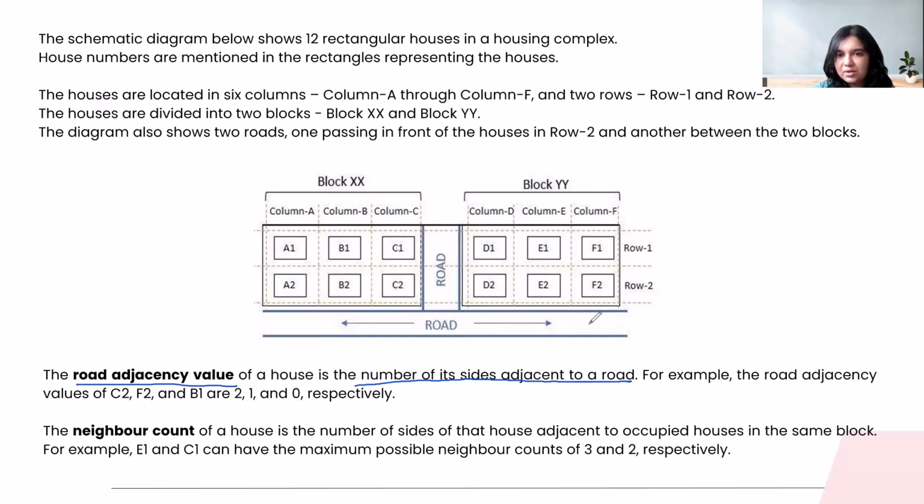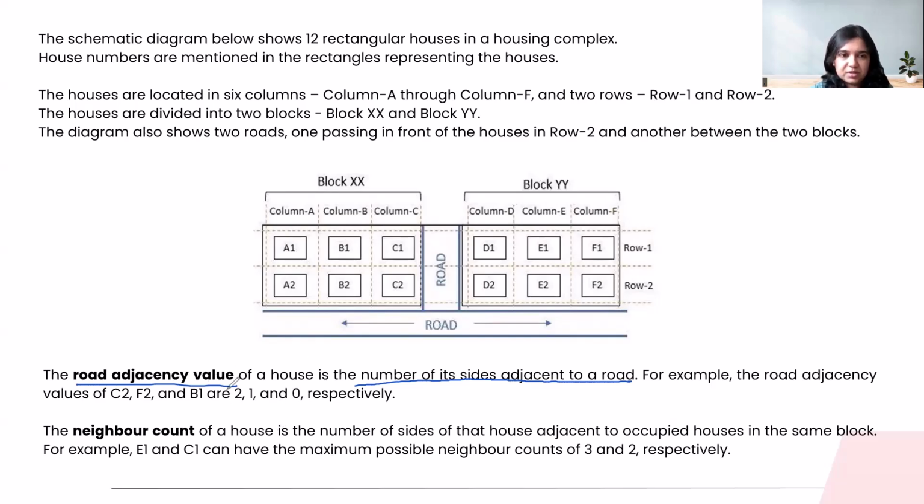F2 has a single road which is adjacent to it. Therefore, the value of F2's road adjacency value is 1. And for B1, there is no road which is adjacent to B1, which is why the road adjacency value is 0 here. I hope this is clear to everybody.